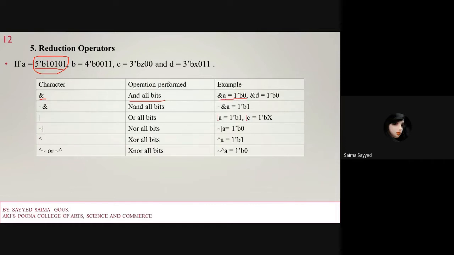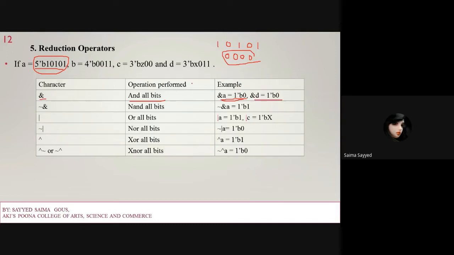Here A is 1 0 1 0 and 1. So 1 with 0, 1 multiplied by 0 is 0, 0 into 1 is 0, 1 into 0 is 0, 0 into 1 is 0. So all bits are 0. So here it gives 1 bit, so the 1 bit is equal to 0. So this is the reduction AND operator, reduction ANDing of A.